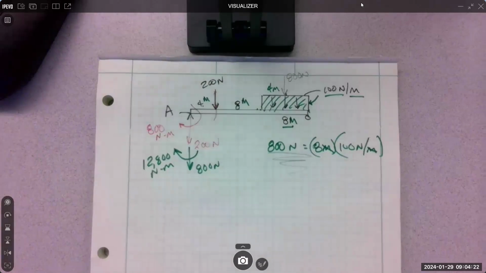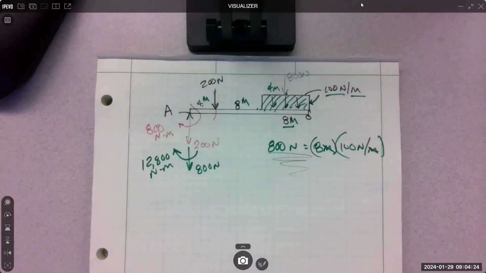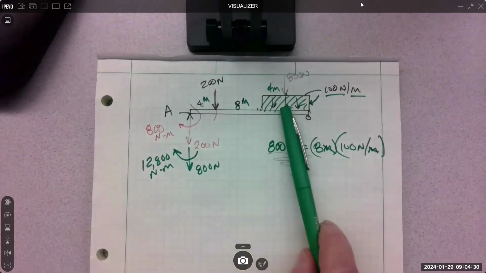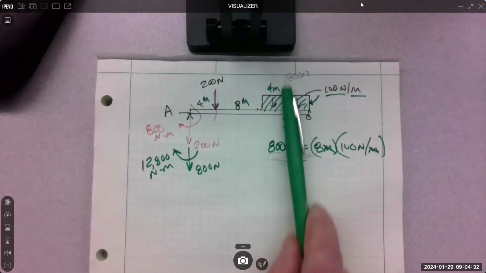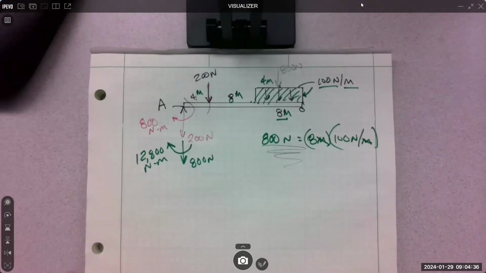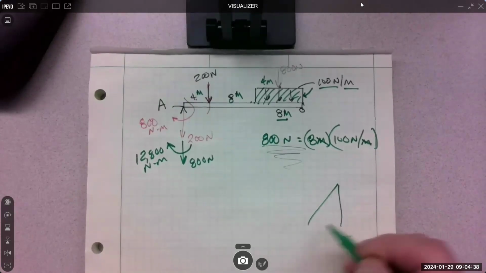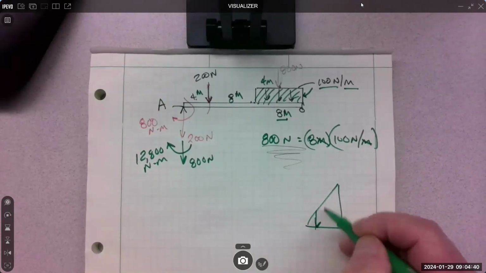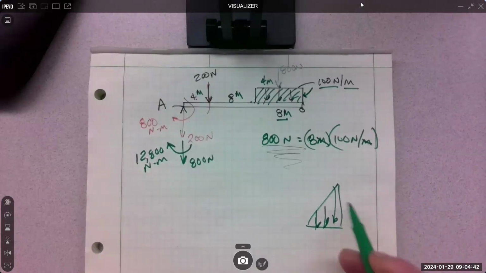So the way to deal with distributions is to concentrate them. Calculate their area. Put the concentration through the geometric center. So if you have a triangular distribution, you have to calculate the area of a triangle.